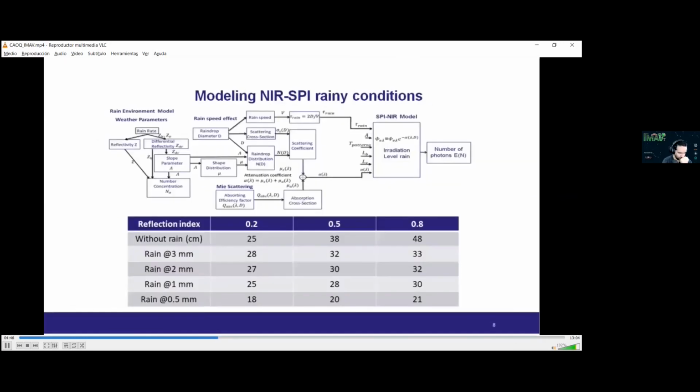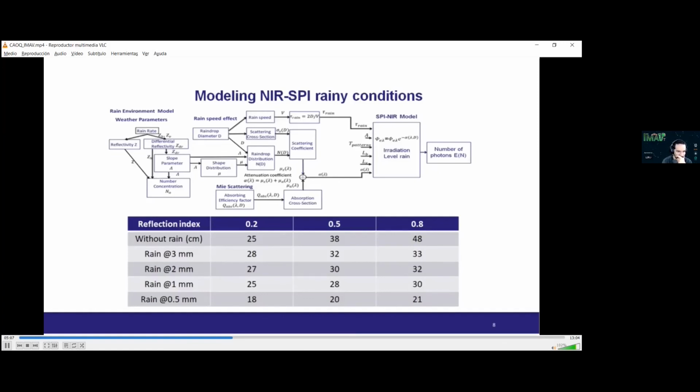The modeling of the near infrared in fog condition. The final system will make a theoretical evaluation of the near infrared in the fog condition to determine the range measure. We considered some weather parameters such as scattering, range, and we modeled the number of photons captured by the photodetector for different reflection indexes of the objects.